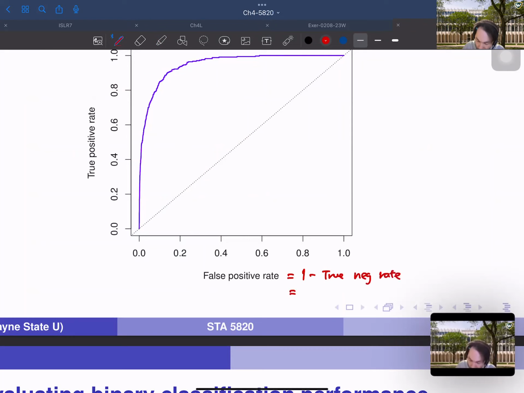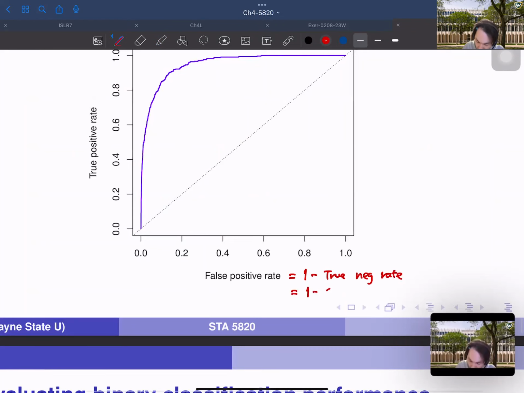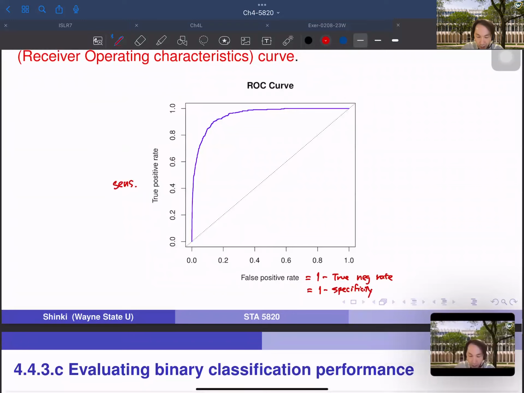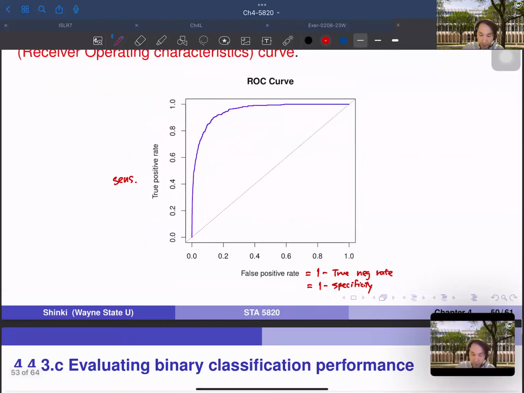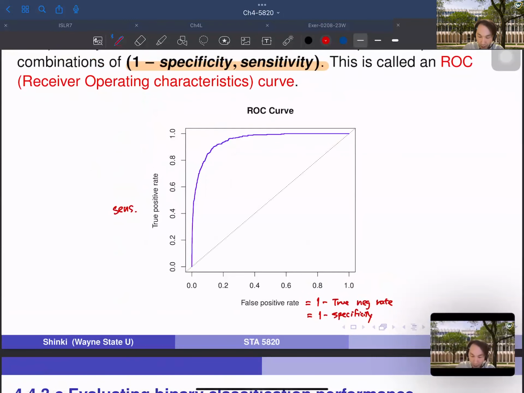This is specificity, so 1 minus specificity, and this is sensitivity. In such a case, we have the positive relationship between the two variables. Sensitivity and specificity have a negative relationship, so sensitivity and 1 minus specificity have a positive relationship.